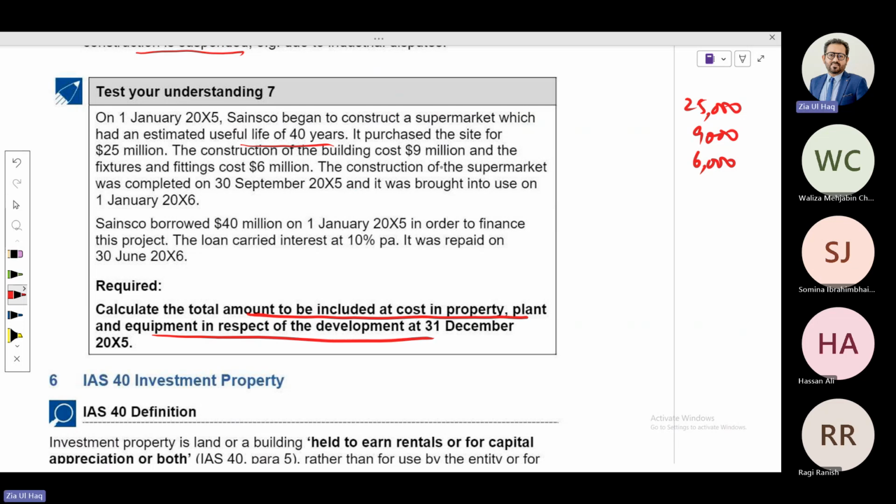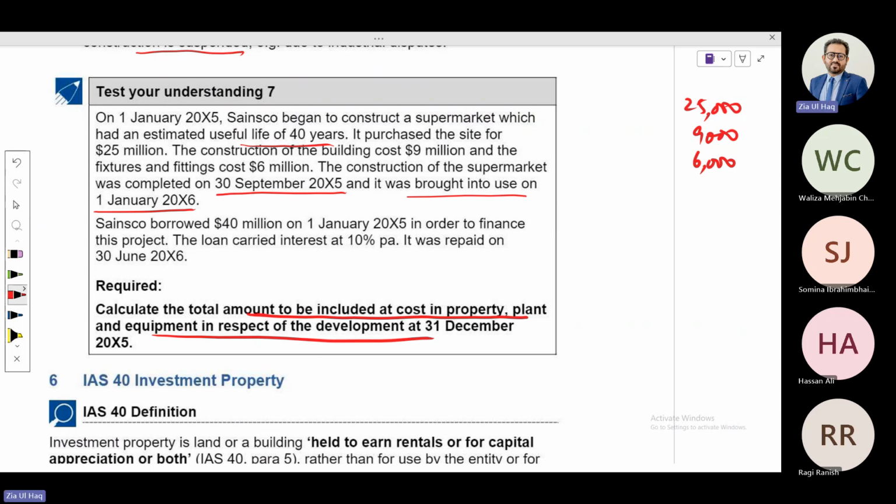The construction of the supermarket was completed on 30th September 20x5, and it was brought into use on 1st January 20x6. The construction completed on 30th September, when it started on 1st of January.